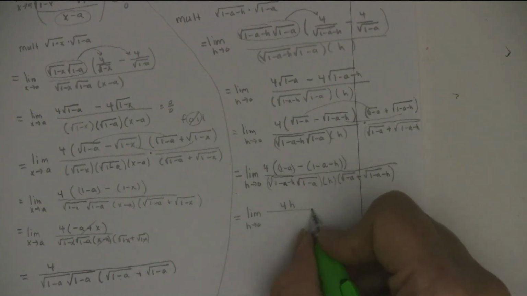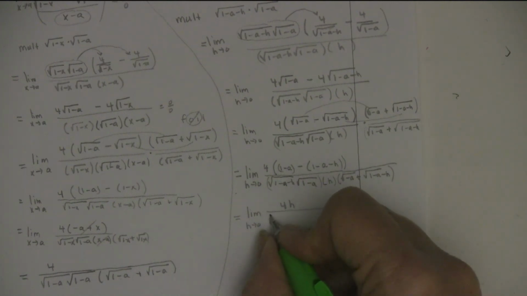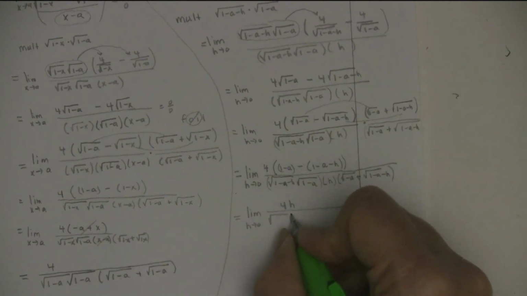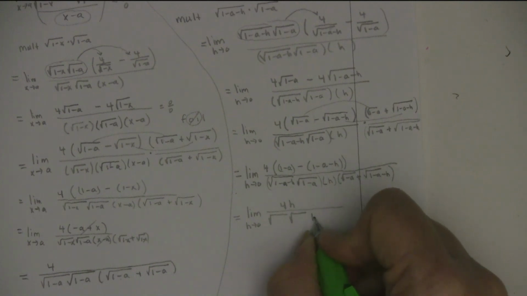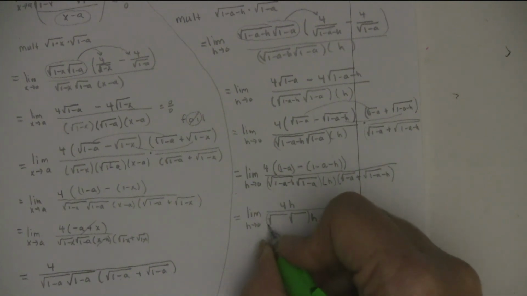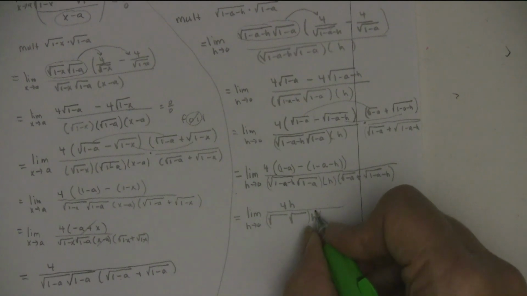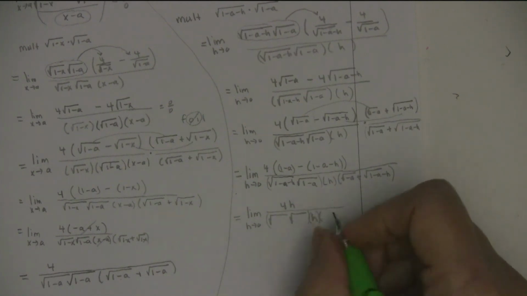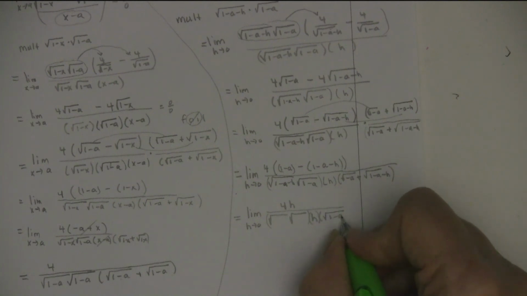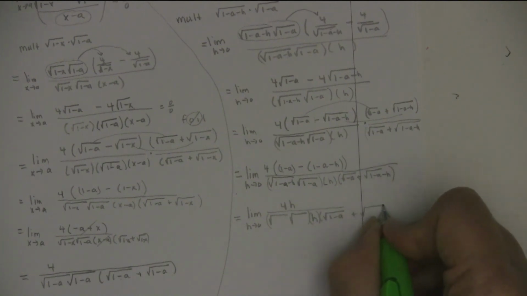over this square root, h, right, times, all this is times, and here this square root of 1 minus a, plus, and then the square root of 1 minus a minus h.